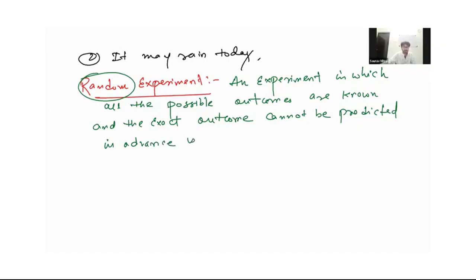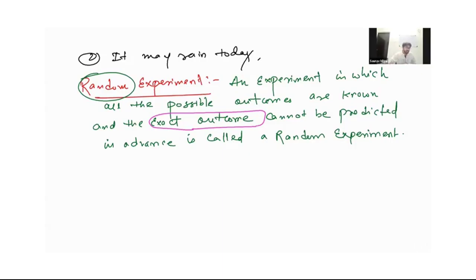It is an act, and the result is your outcome. We don't know the outcome; by outcome we mean the consequences of that experiment. There can be many possible outcomes, but we don't know the exact outcome.